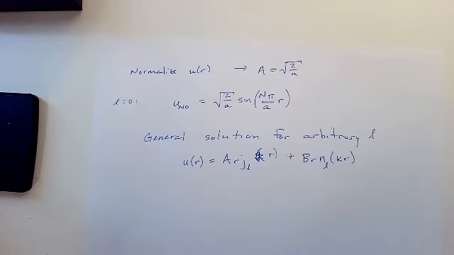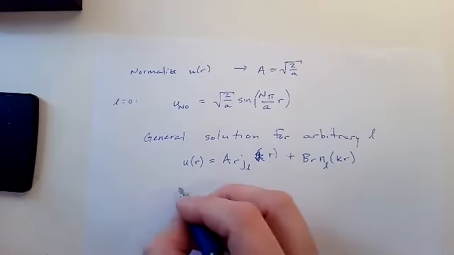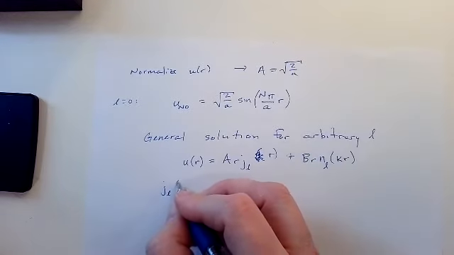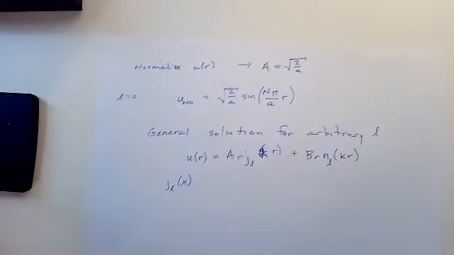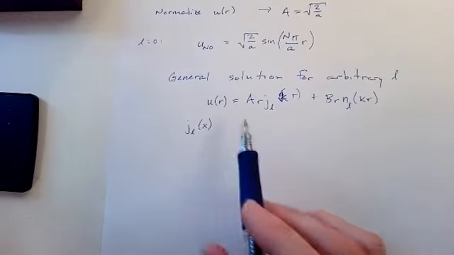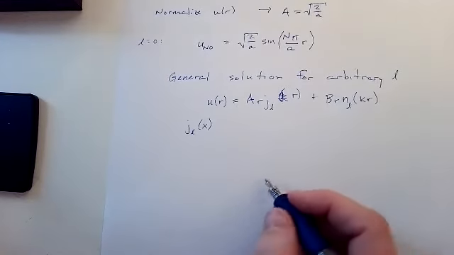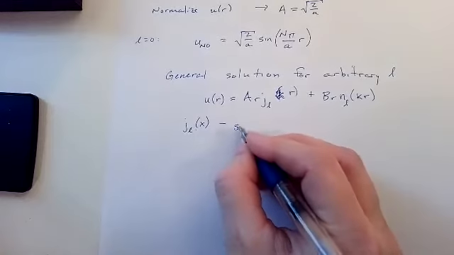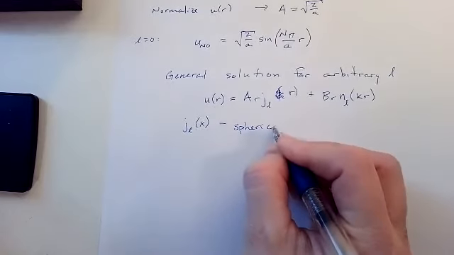So in this case, that j and that n are Bessel functions. So j with the subscript L and the argument, whatever the argument is, in this case it's kr, but we're going to be generic and say x, is a spherical Bessel function.